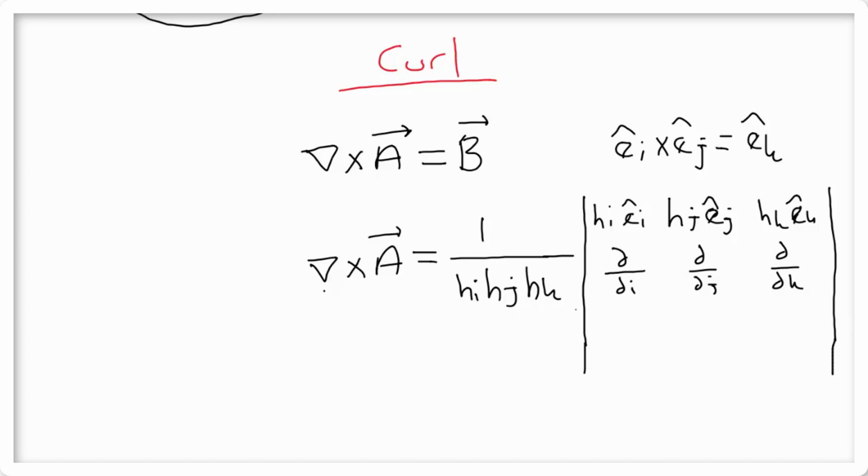This time the components of the second part element to be crossed are written, okay? h_i A_i, h_j A_j, h_k A_k. I'm writing, sorry. h_k and A_k again.